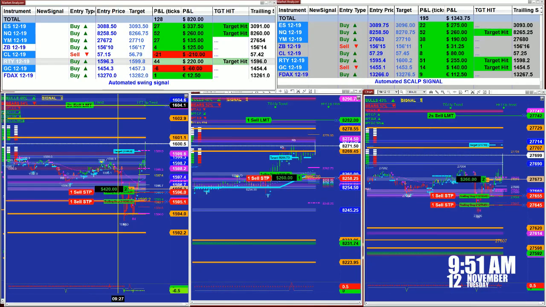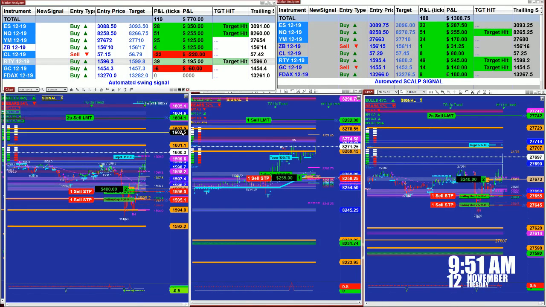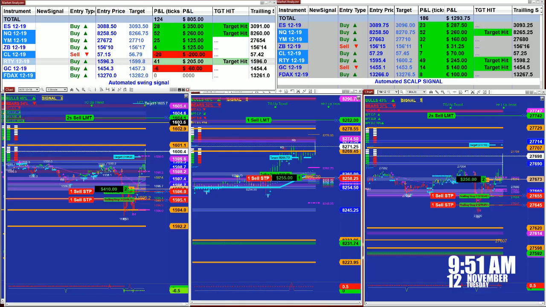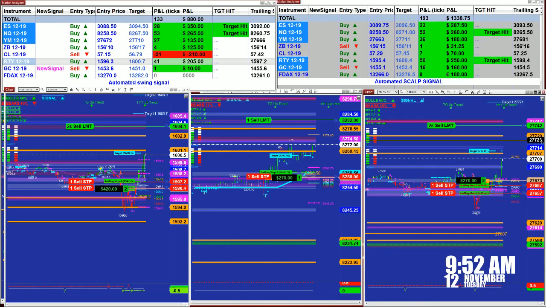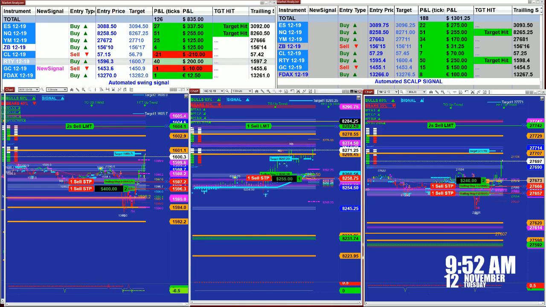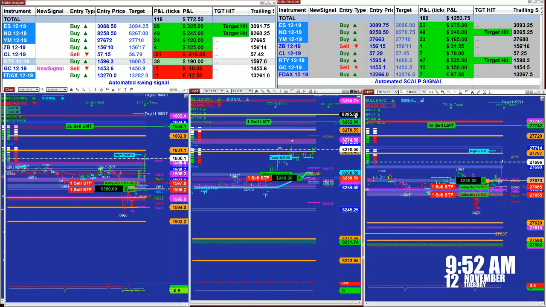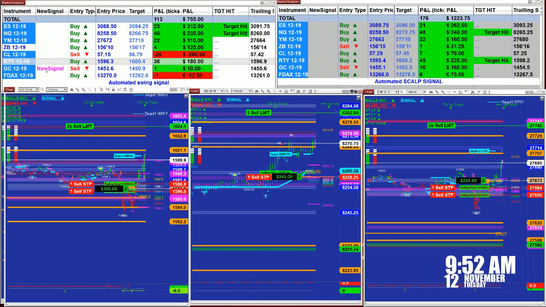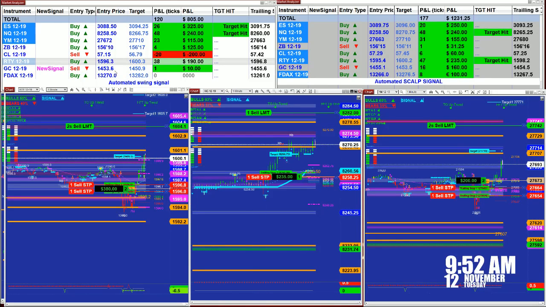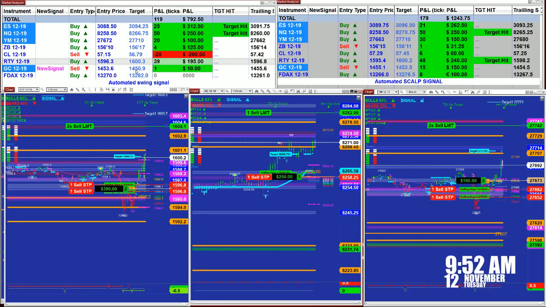For the swing trading right now on the Russell, we just hit the target, and on the YM and the NASDAQ we also climbed to the target. As you see right now, there is a new sell signal at 1453.6, target 1450.9.